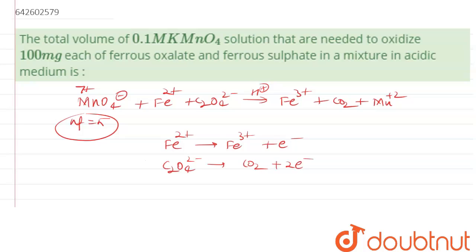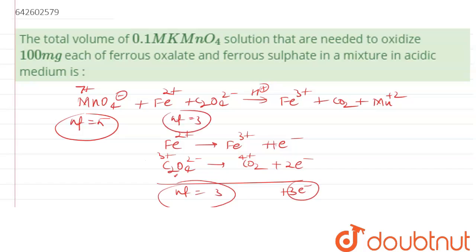We will require 2 electrons here because carbon goes from plus 3 to plus 4, so each carbon releases 1 electron and 2 carbons will release 2 electrons. So the N factor for this is 3, because the total number of electrons being used is 3.